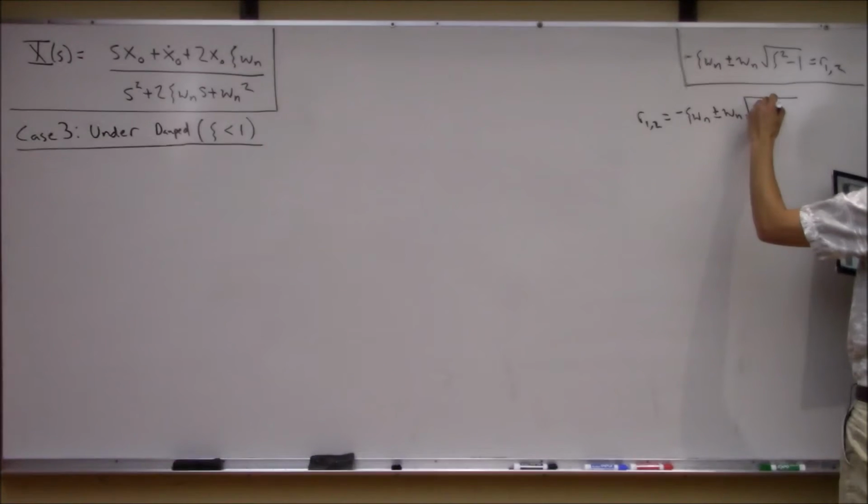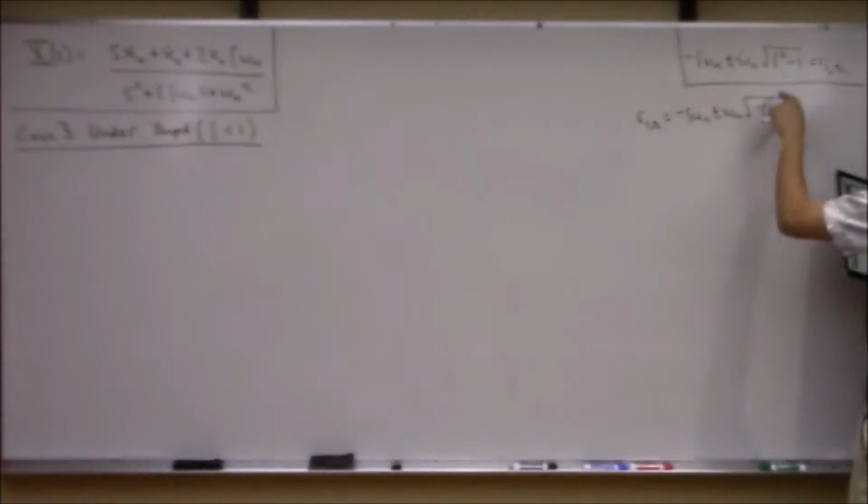Maybe another way to look at this is to flip it and put a minus 1. In other words, let me write it like this: minus 1 times 1 minus zeta squared. Would everyone agree that's the exact same thing? I haven't done anything to it, right?